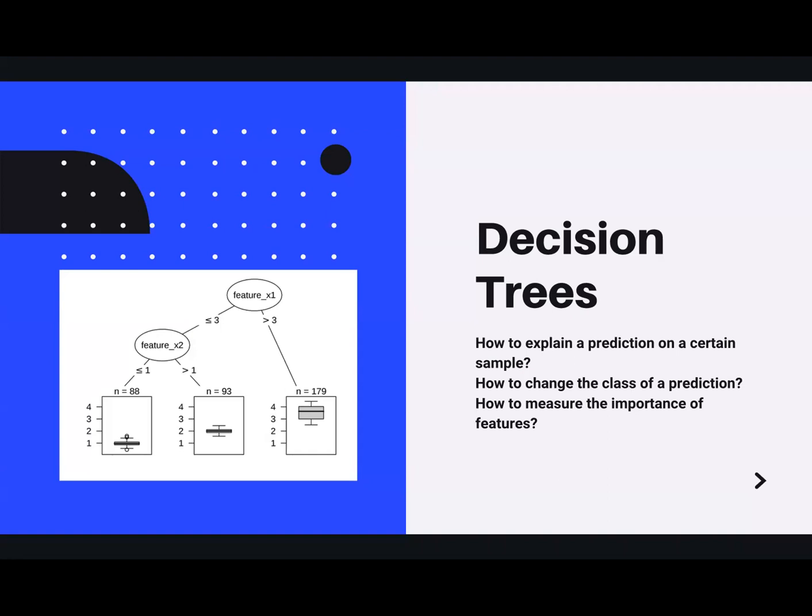Excuse me, can you please repeat the question? How do you understand which feature is more important in a decision tree, right? If it splits in half the data set, because if it splits into unequal subgroups, then it's not really helpful for us to make a decision.